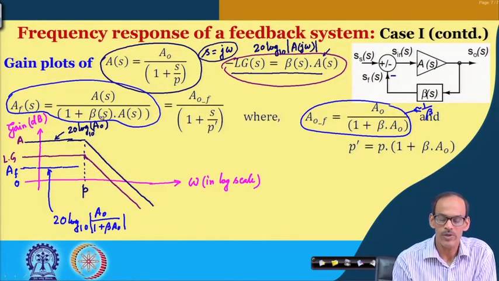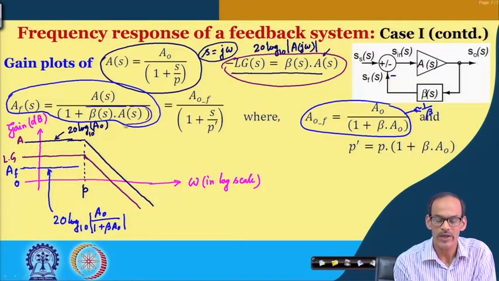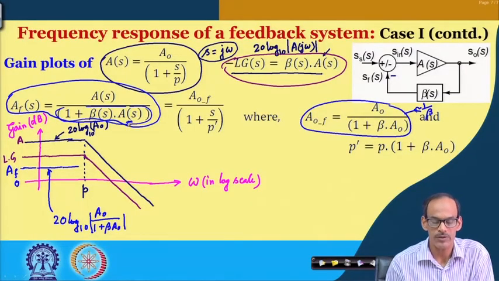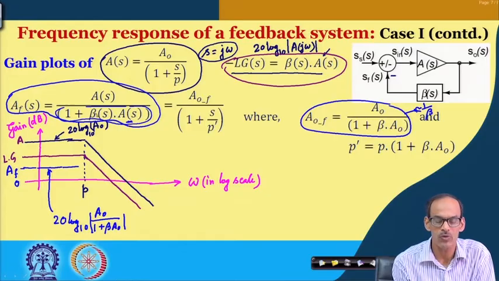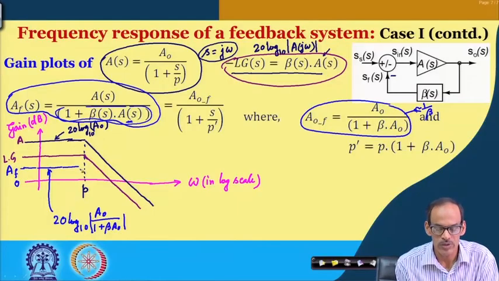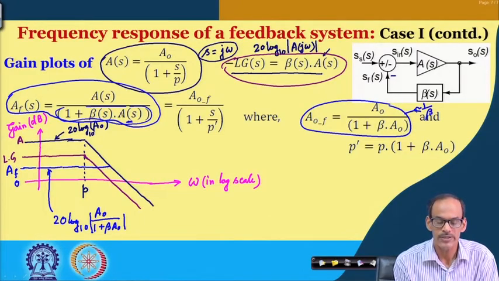If you see this equation, A is getting desensitized by this factor. As long as this part, namely the loop gain part, is quite prominent, we can say that it is approximately 1 by beta. So, it will continue to remain constant till this part comes below 1.